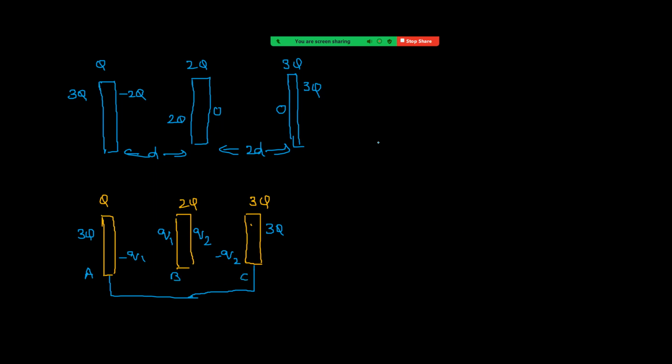So what we can write here? VBA should be equal to VBC, potential difference, because A and C have the same potential, right? That's why between BC and AB, potential differences must be the same. And potential difference is given as field into distance. Let us say here the field is E1, here the field is E2.